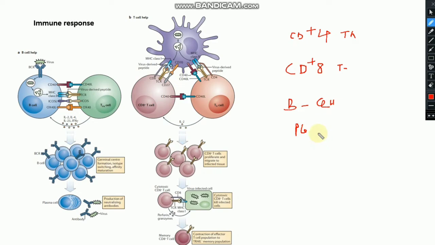And this kind of antibody destroys the pathogens. So this is how the B cells work, and the plasma cells.